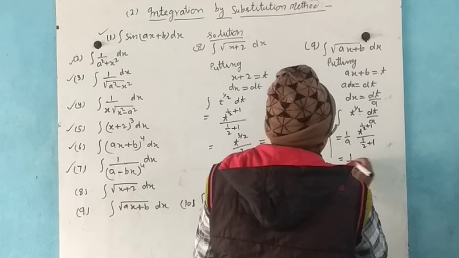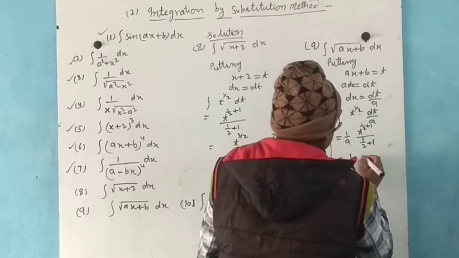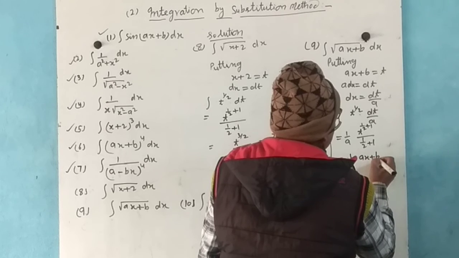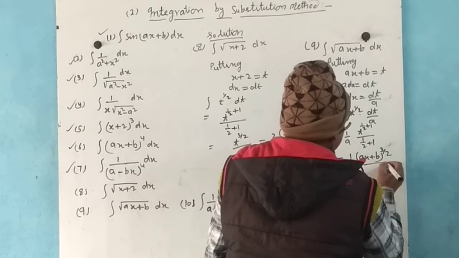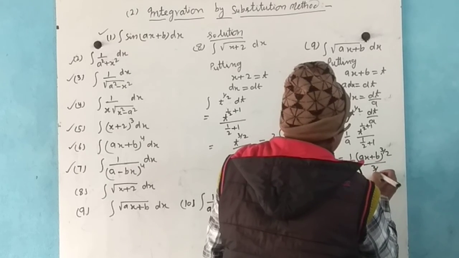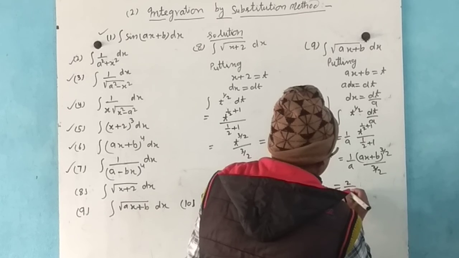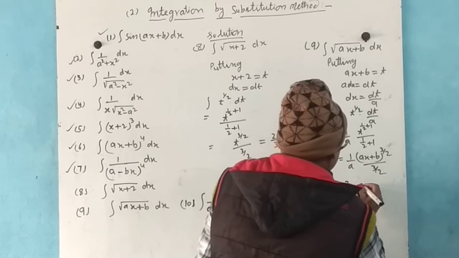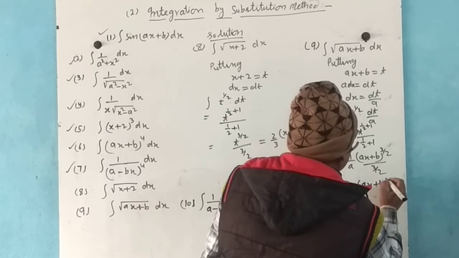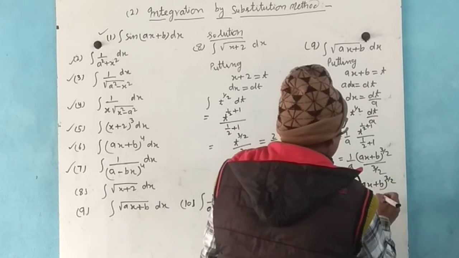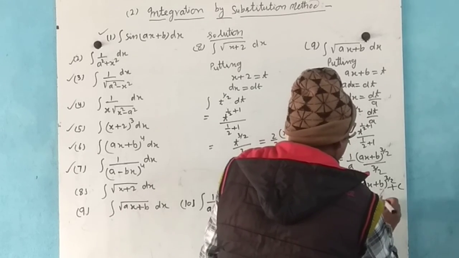This is equal to 1 by a, and t equal to ax plus b to the power 3 by 2 divided by 3 by 2. This is equal to 2 by 3a, ax plus b to the power 3 by 2 plus integrating constant c here.